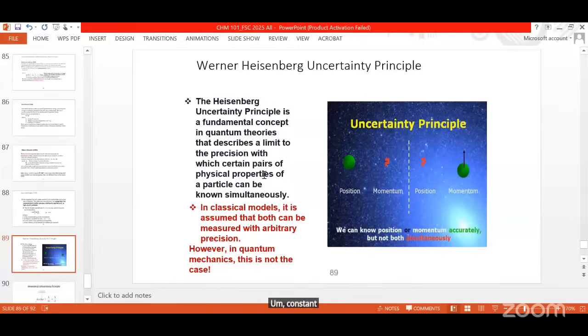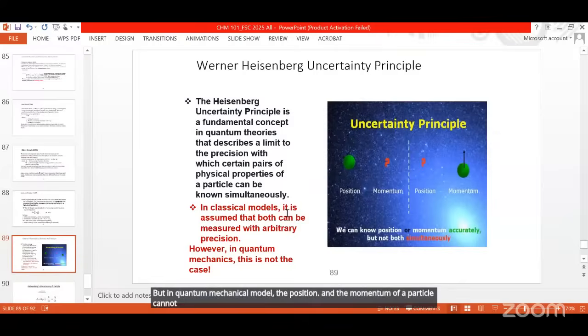So we know the position or the momentum accurately, but knowing the position and the momentum together is not possible. But you know that in the classical model, it's assumed that you can measure both, that both can be precise. But in a quantum mechanical model, the position and the momentum of a particle cannot be measured simultaneously.